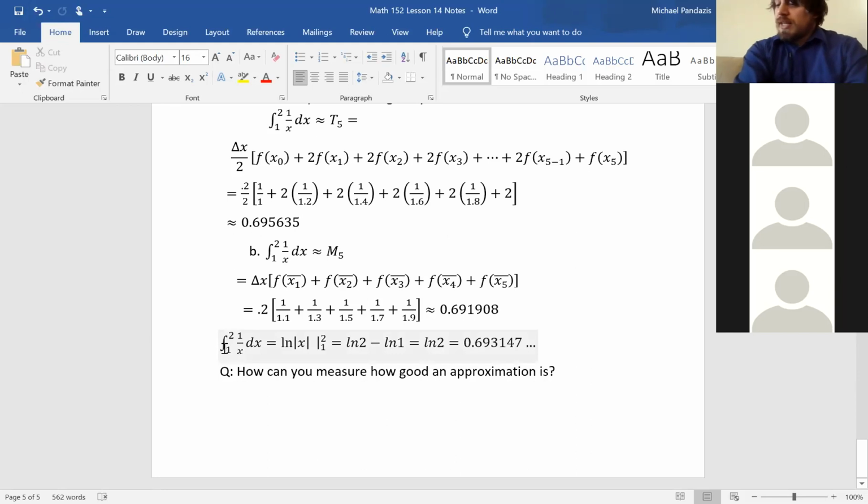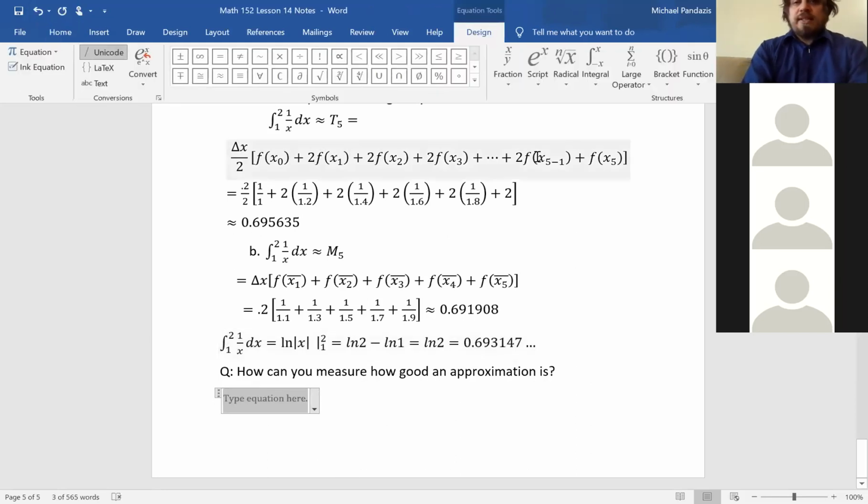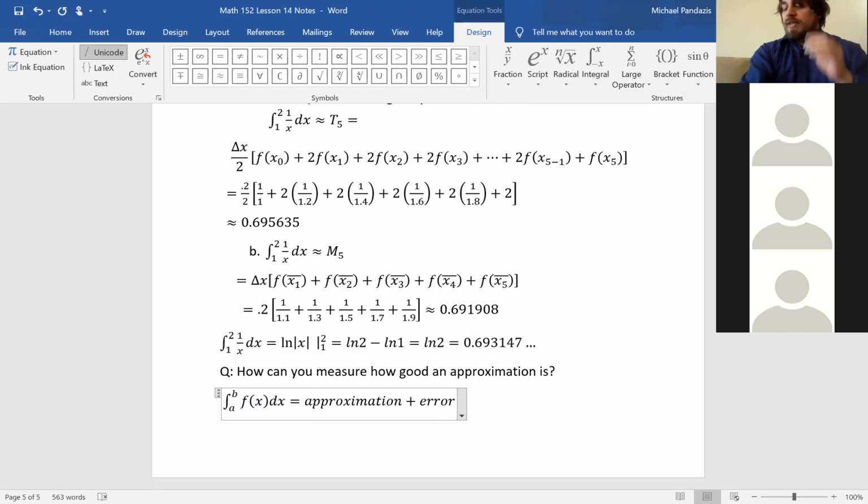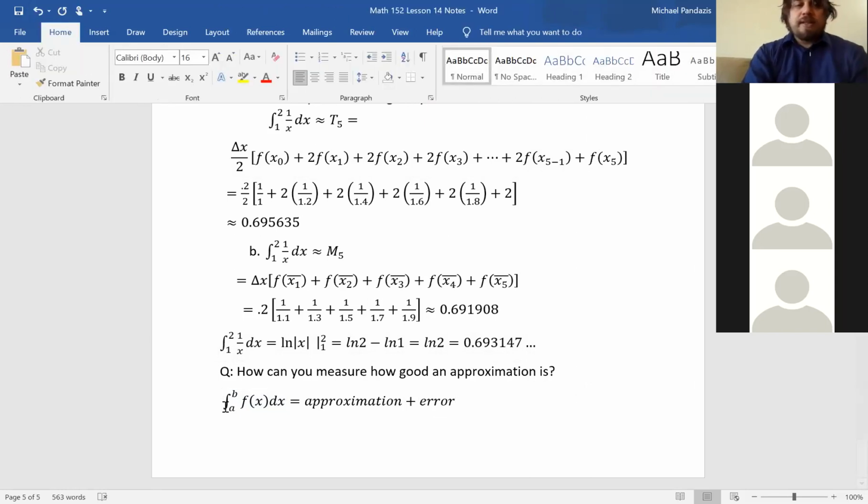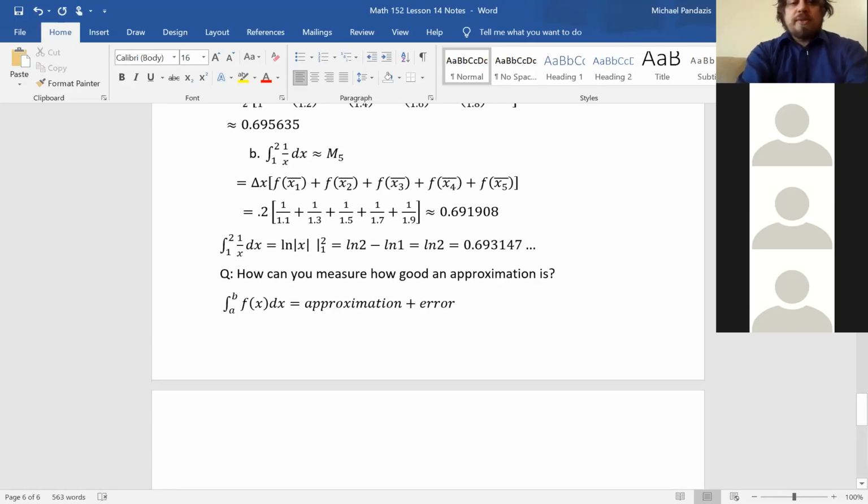So to get to that answer, let's first talk about the definition of an error. If you have the definite integral from a to b of f of x dx, you can say it's equal to your approximation plus the error in your approximation.